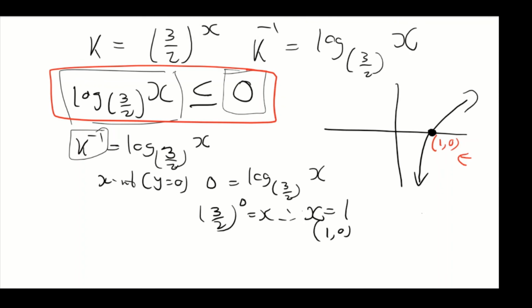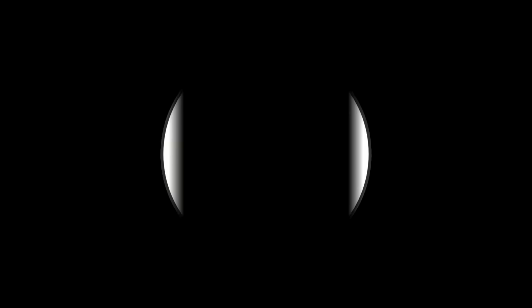Here the function is less than or equal to 0. So to conclude, you can simply say when x is less than or equal to 1, our function is less than or equal to 0. So that is the final solution of x for this problem.